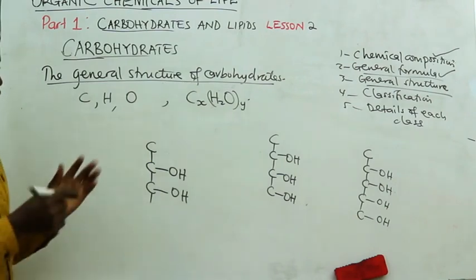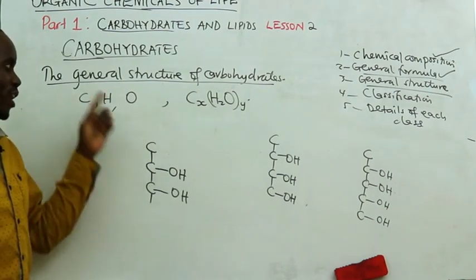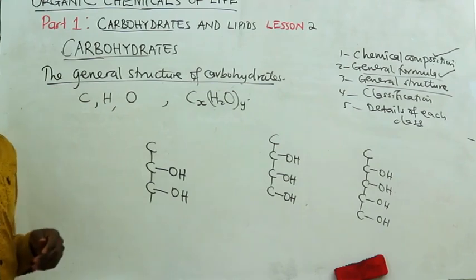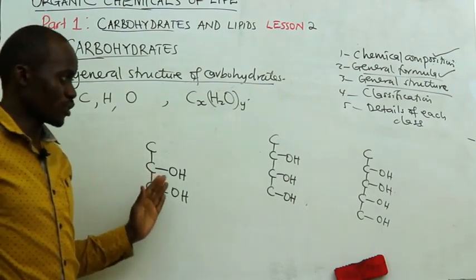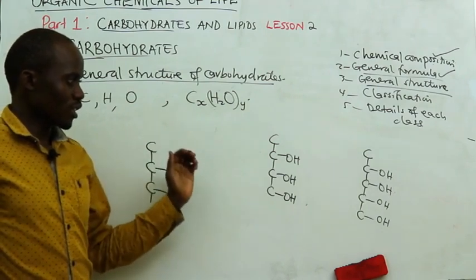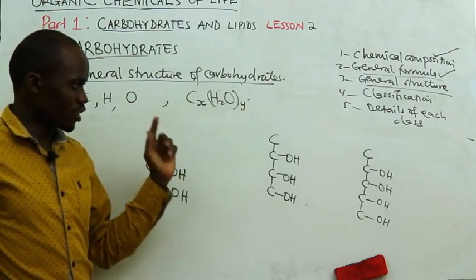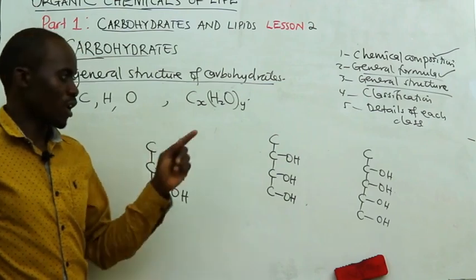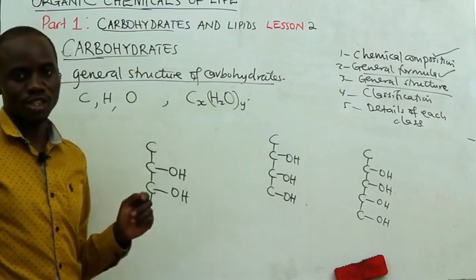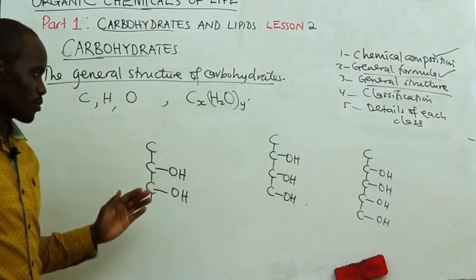So that's the first thing you should know as far as their general structure is concerned. In each carbohydrate, except only one carbon atom, the rest should have an OH group attached to them.